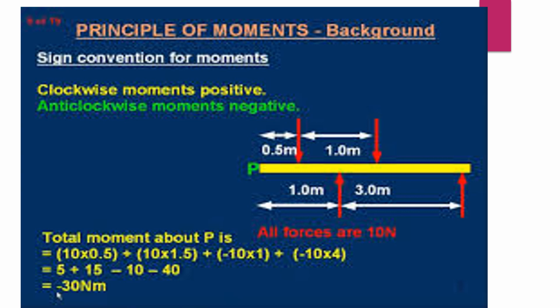Then what we get is 5 plus 15, and 10 minus 40, which is equal to minus 30 Newton meter. Minus 30 means that the force applied is anti-clockwise. That's why we write the minus sign over here.